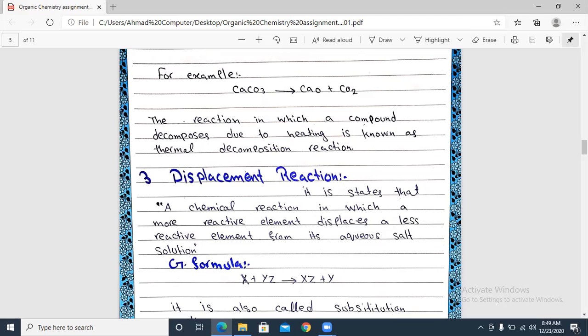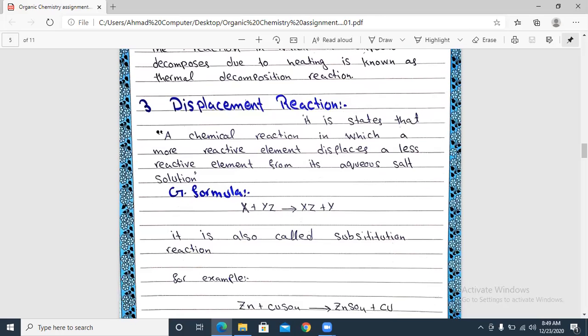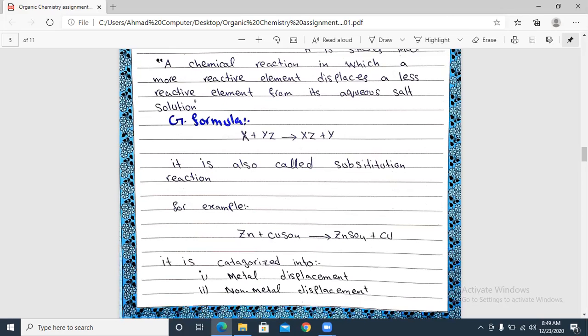Now, the displacement reaction, the third type of reaction, is a chemical reaction in which a more reactive element displaces a less reactive element from its aqueous salt solution. Its general formula is X plus YZ gives XZ plus Y, and it is also called a substitution reaction.